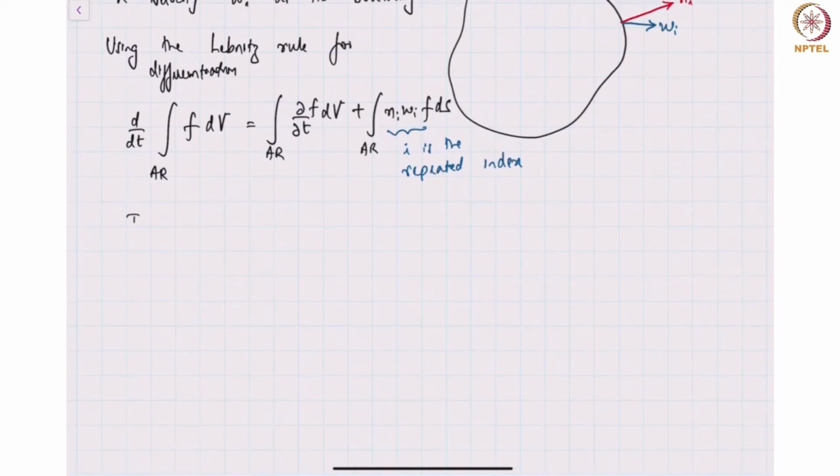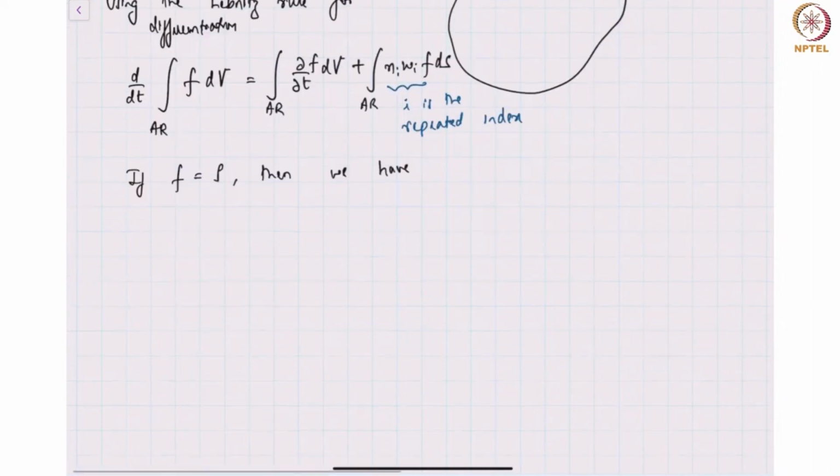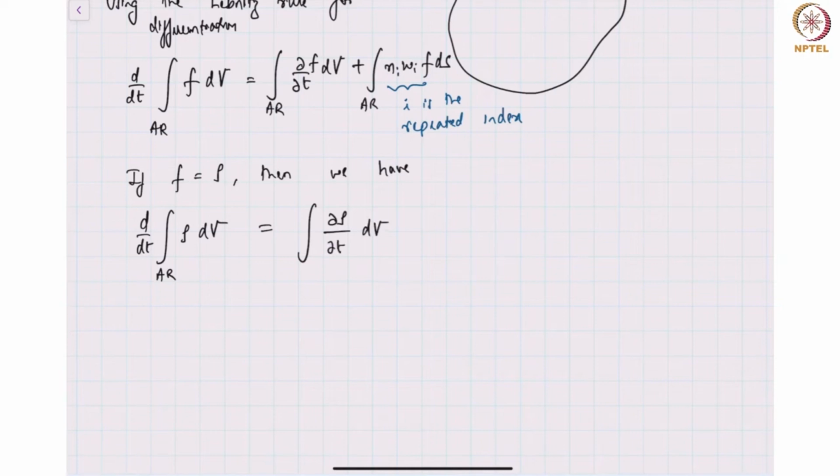Let's consider the case where f is equal to density rho, then we have d by dt of the integral of rho dV over the entire region. All I've done is just substituted density wherever there's f.